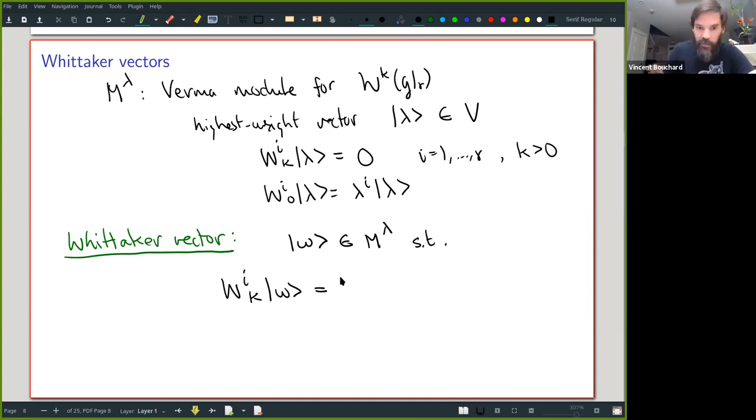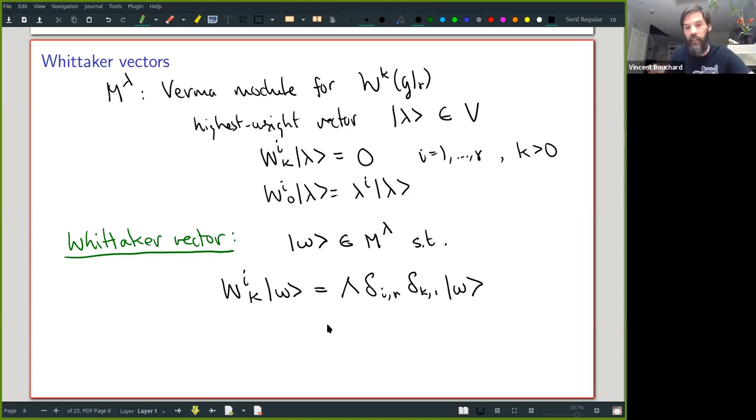More precisely, this is equal to 0, except for one mode, which is when i is equal to R. This is the mode of the generator with the highest conformal weight. So i equals R has conformal weight R, which was the highest one in the list of generators, and it's the one mode, so k is equal to 1.